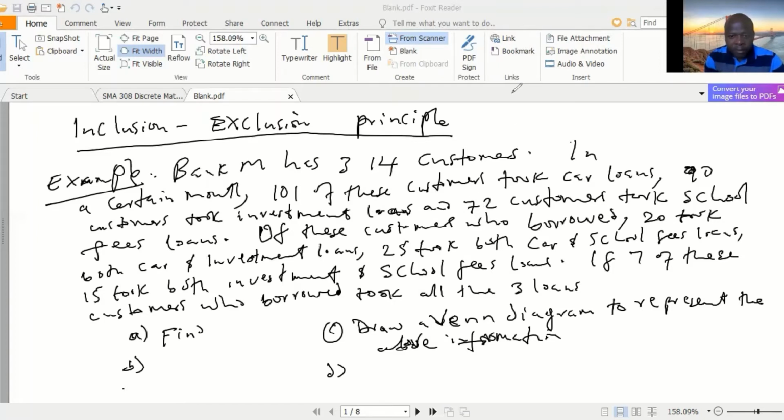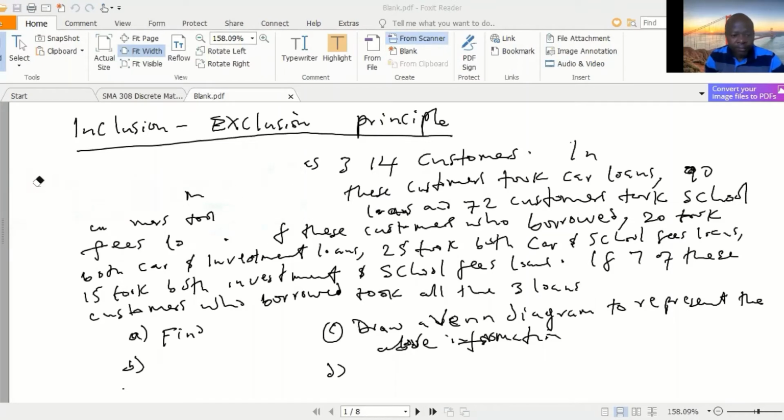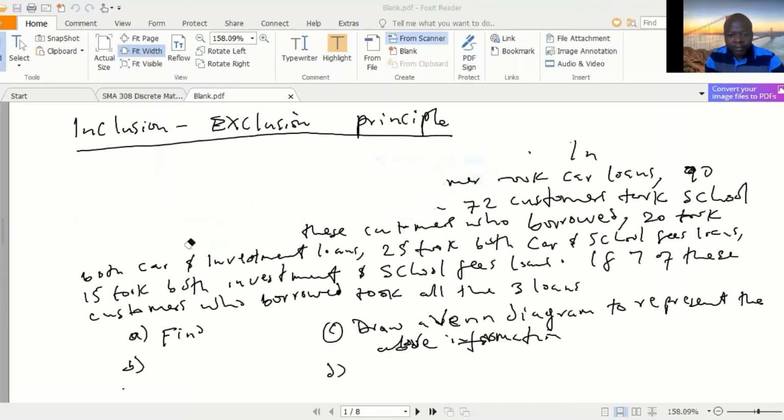Then we have those who took 2 loans each, and those who took all the 3 loans, and then those who did not take. So let's now answer the question. Let me get some space here for the answer.